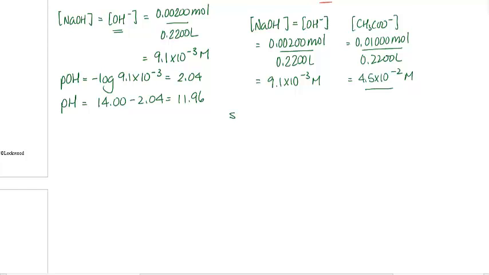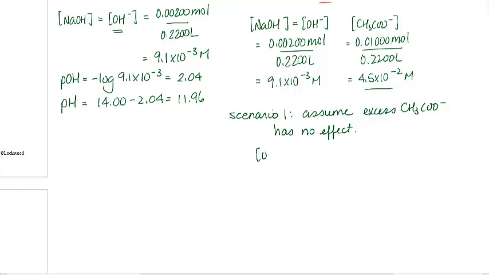In scenario 1, I am going to assume the excess CH3COO minus has no effect. So therefore, essentially, the concentration of the OH- is dictated by just the presence of the excess NaOH, and therefore the OH- is going to determine what the pH will be.